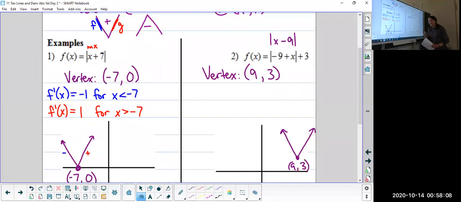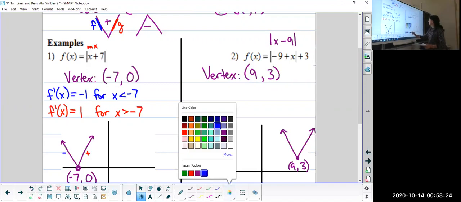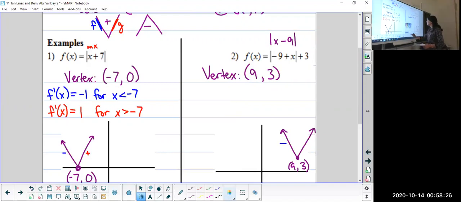The beauty of a sketch is that it doesn't have to be perfect. It just has to have the critical elements in it: maxes, mins, and intercepts. So I've got my minimum vertex labeled. I've got the correct direction and shape. Now I'm going to write up the left side and the right side. So the left side says that the slope, or f prime of x, is -1.